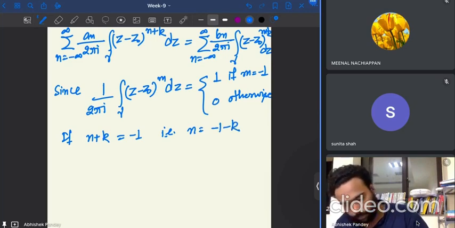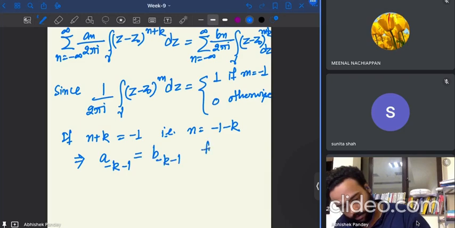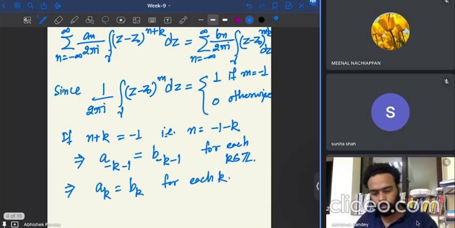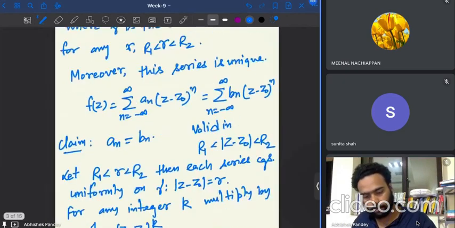So this implies a_(minus k minus 1) equals b_(minus k minus 1) for each k belonging to the integers Z, and this implies a_k equals b_k for each k. This means that the series expansion is unique.